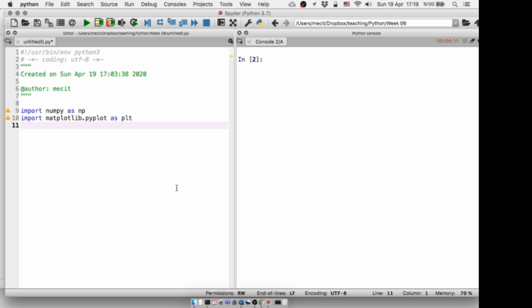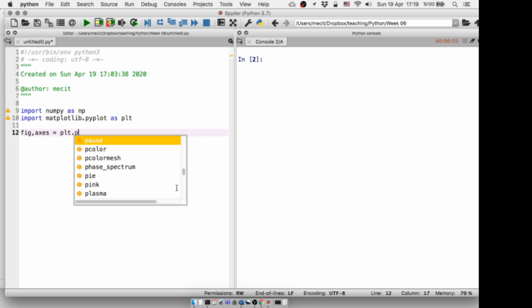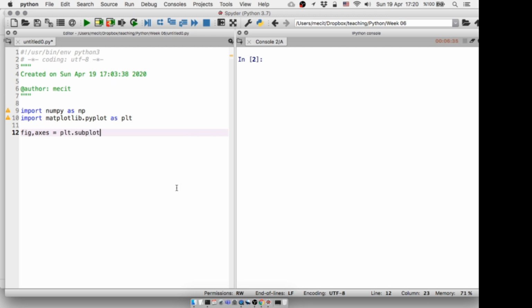Okay, we start with the regular imports, NumPy and Matplotlib pyplot. First, I would like to show you how to draw a vector. In order to do that, I would start with a figure and axis, plt.subplots, and axis.set_aspect to 1.